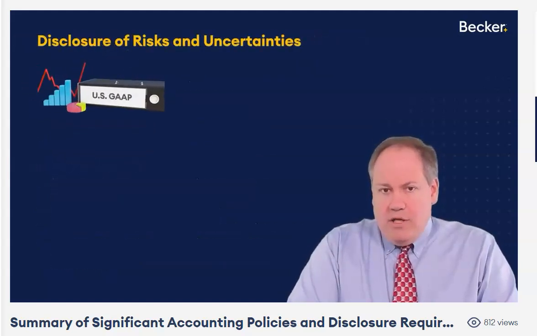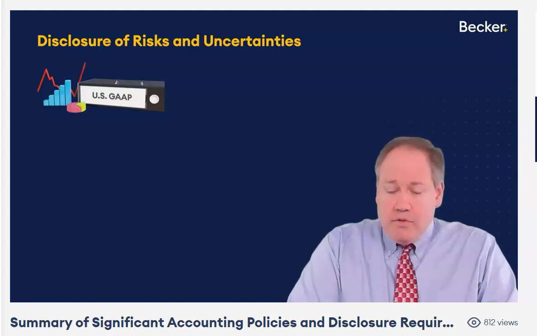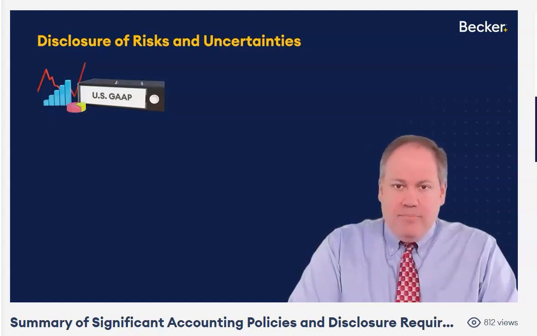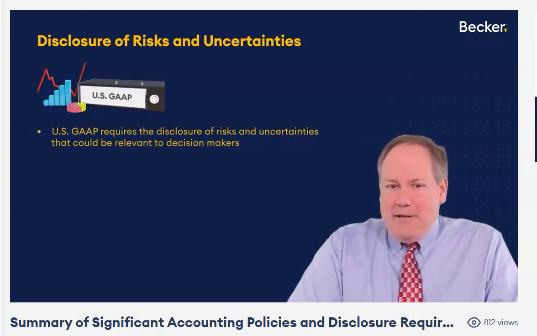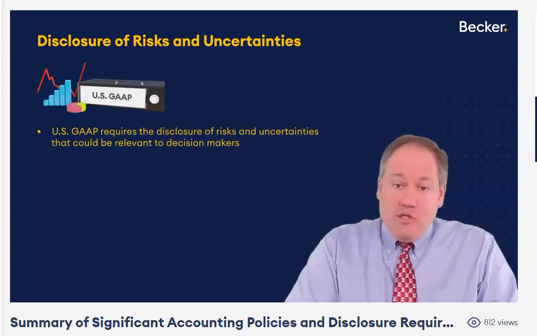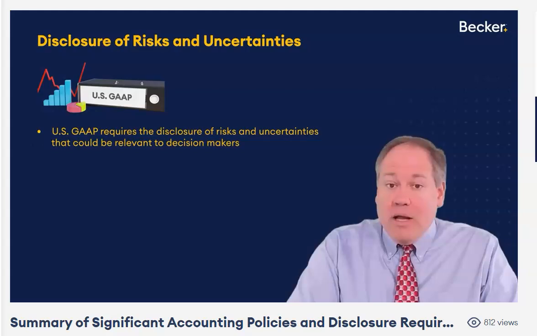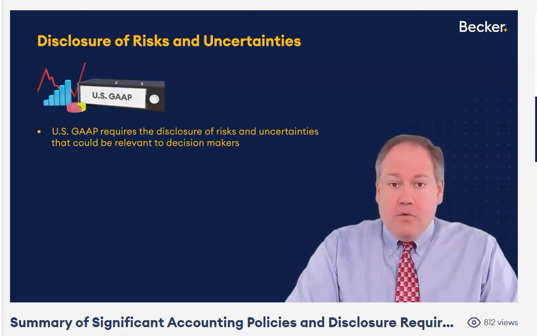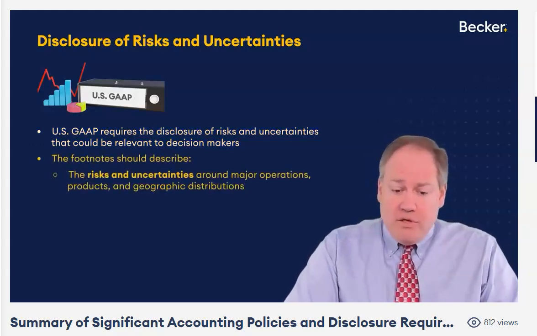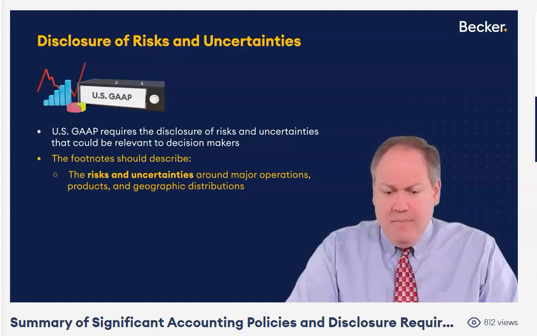Another broad requirement US GAAP lays out is to disclose risk and uncertainty, right? Basically, kind of a peek behind the curtain as to what management is worried about, because again, that could be very relevant to a decision maker. So describing risks and uncertainties around major operations, major products, major geographic distributions, whatever the case may be.